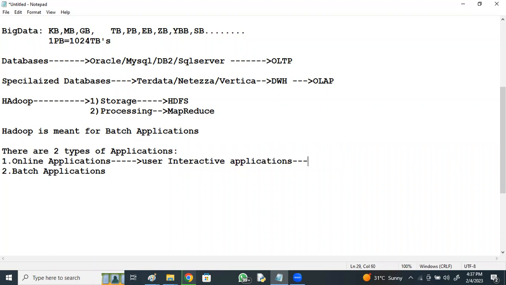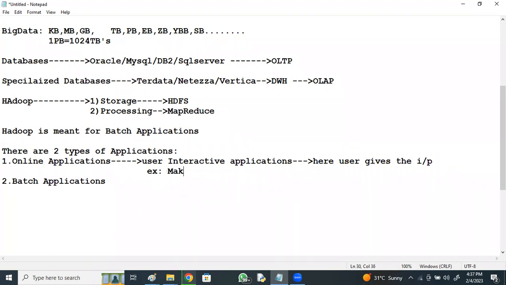Here the user gives the input. An example of an online application is making an online transaction, say, booking a movie ticket.